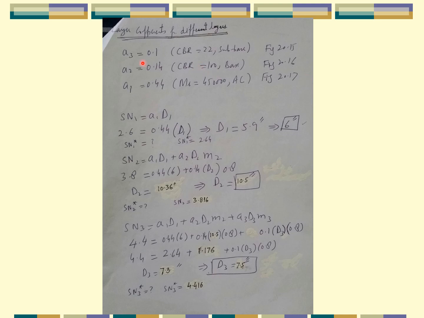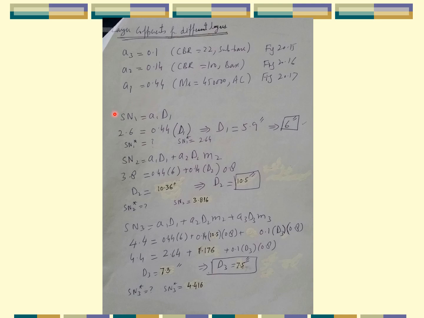To get A3, 0.1, we employed the CBR equal to 22 value for the subbase. For A2, we use the CBR equal to 100% for the base, and we have got this value. And the modulus of resilience 45 into 10 raised to power 4 pounds per square inch for the asphalt concrete gives the layer coefficient equal to 0.44.